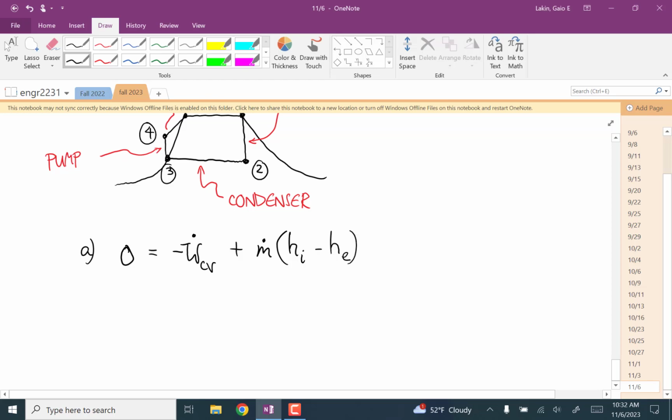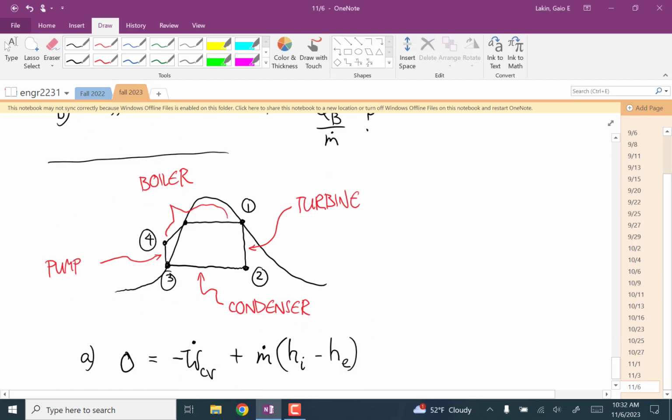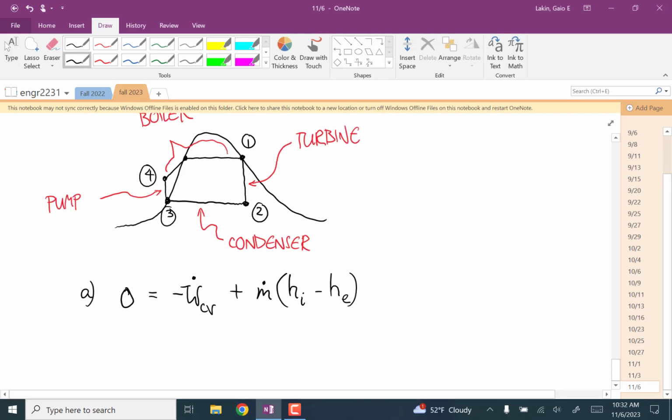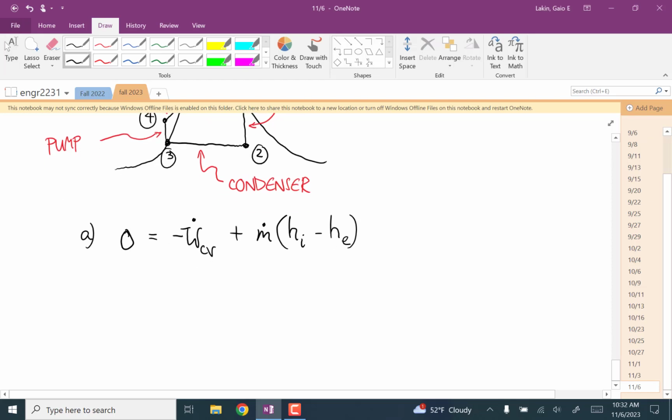That's the starting point, assuming there's no heat transfer for the pump. Everything cancels except the enthalpies and either the work or the heat. So we get W dot for the control volume over M dot is equal to HI minus HE.